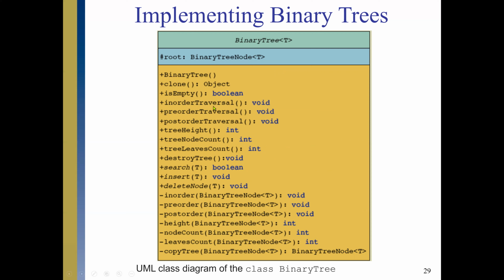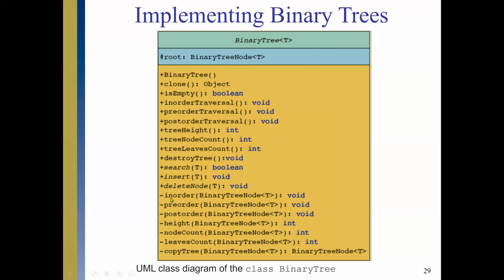We can do the in-order traversal method, pre-order traversal also, then the post-order traversal. Then we have the method to find the tree height and also the tree node count. We also have the methods to destroy the tree, search for an item in the tree, insert an item into the tree, or delete an item from the tree.